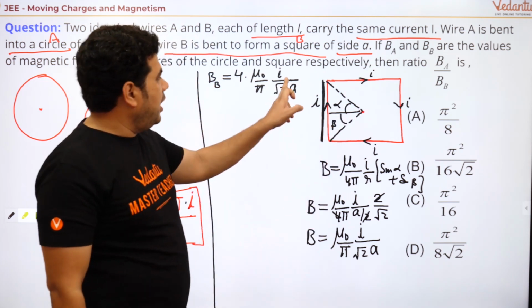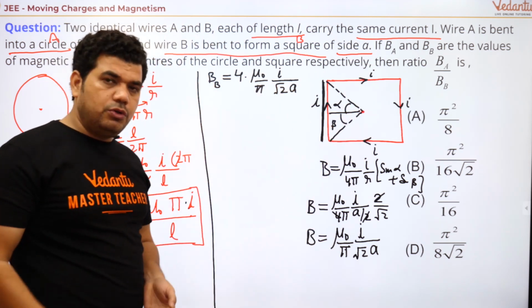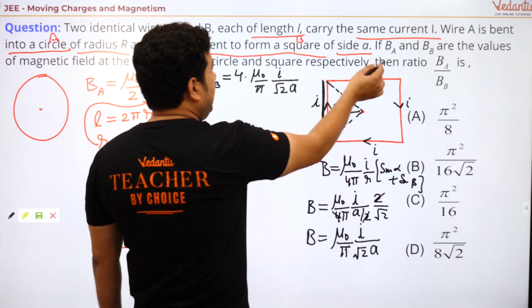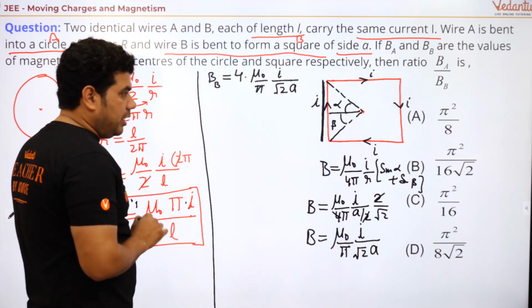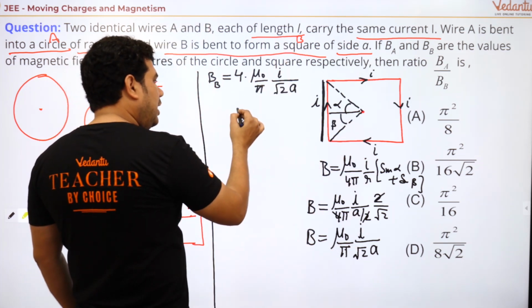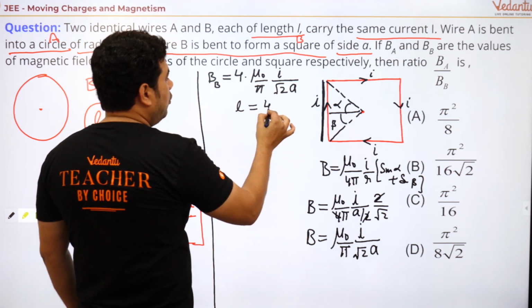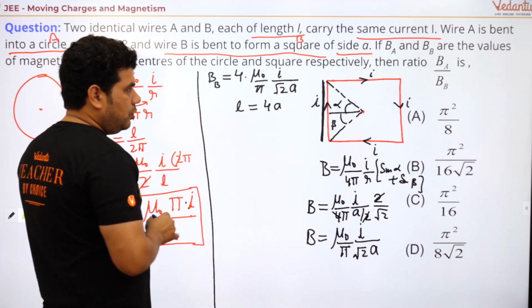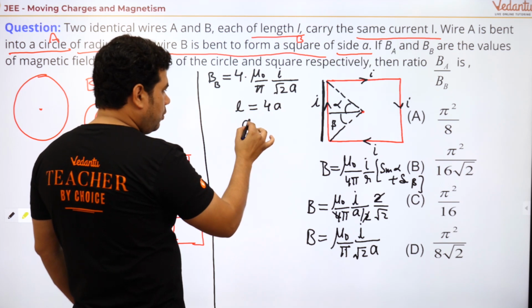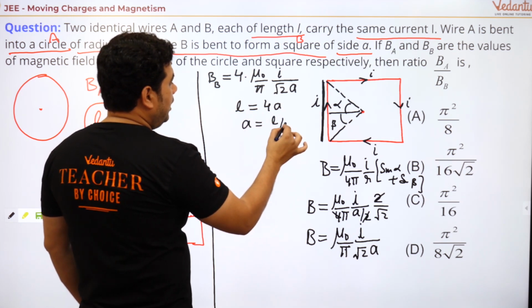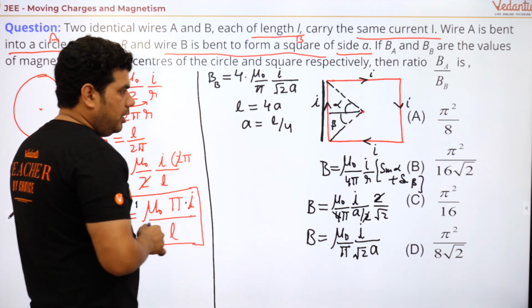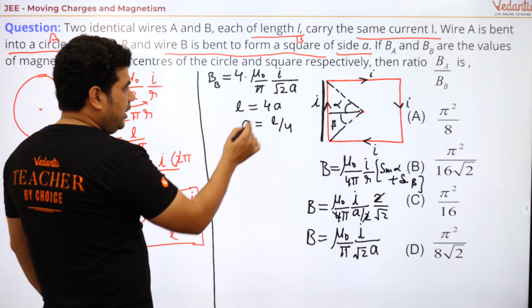But here we have A. So what do we have to do? We have to find A in terms of L, because we are given L. So L is equal to 4A, so A is equal to L by 4. Put the value of A here.